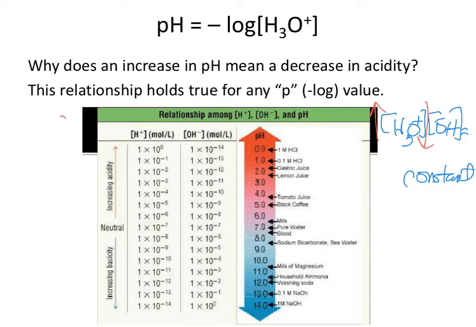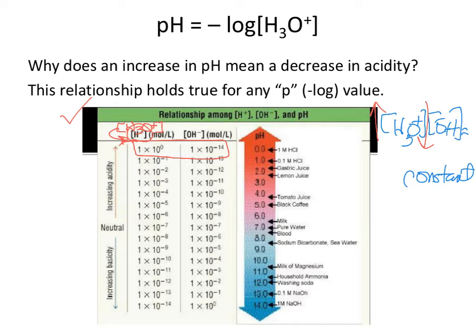So if you look at this chart, look at the product of hydronium ion times hydroxide. And by the way, if you don't remember this, H3O plus, the hydronium ion, is often simply written out of simplicity as just H plus ion. They're considered equivalent so that it doesn't confuse you.